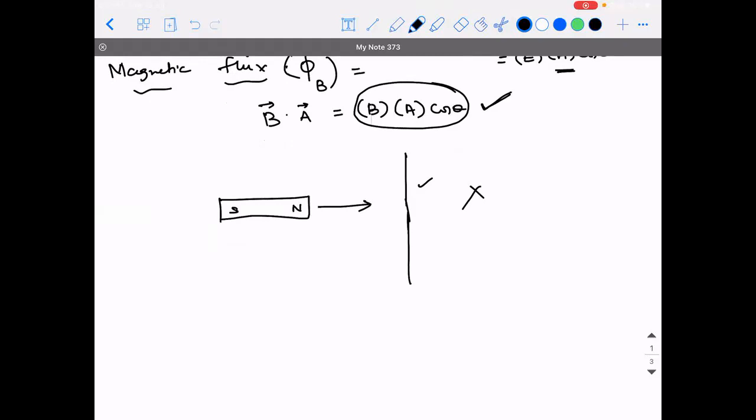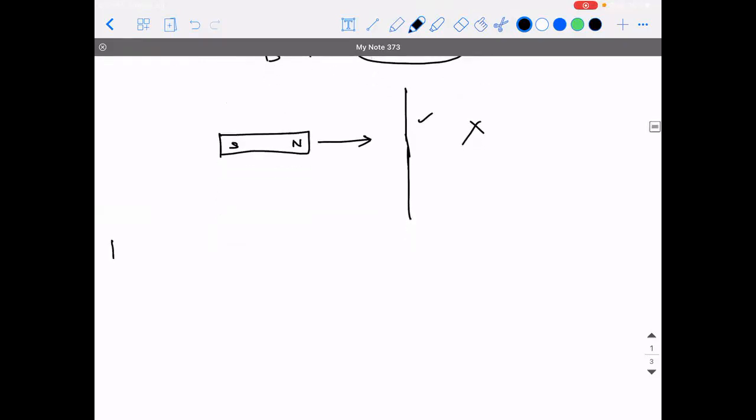And this was first observed by a scientist named Michael Faraday. And this is what he told. When there is a relative motion taking place between a coil and a magnet, the coil is called a pickup coil because it is the one which is picking up something. Right?